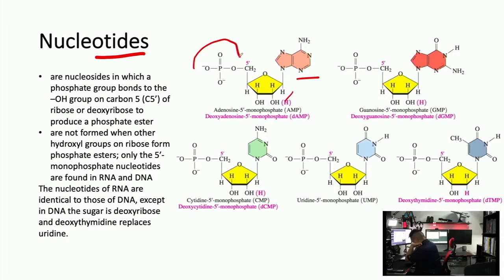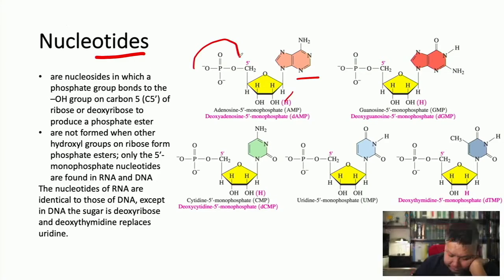So things like this, which is adenosine monophosphate, right? Or it could be deoxyadenosine monophosphate, because if there's an H there instead of an OH, right, in RNA. Or guanosine monophosphate, right?